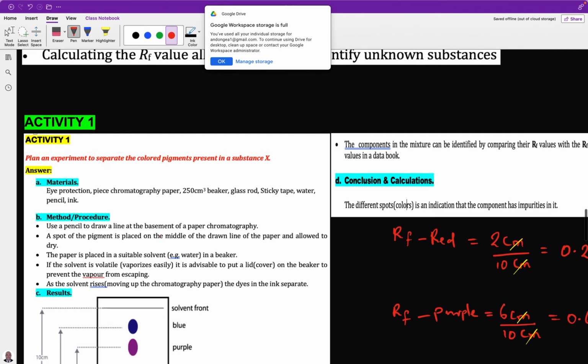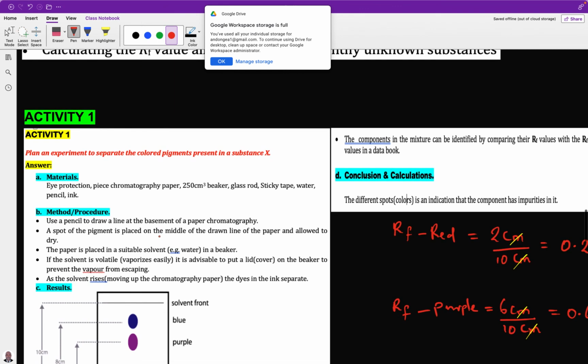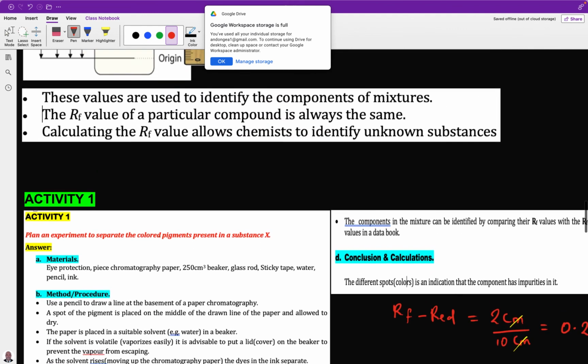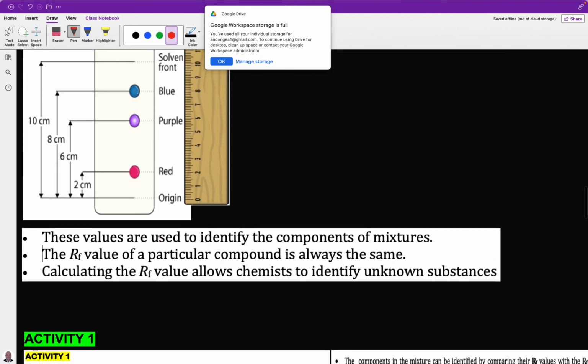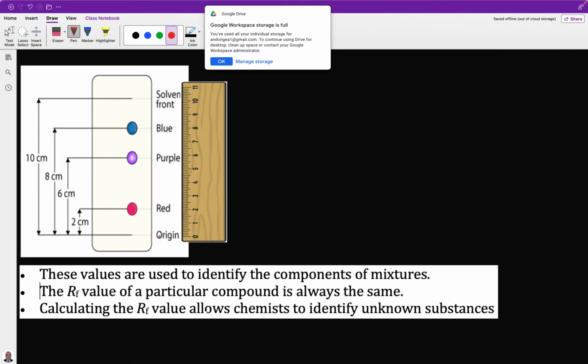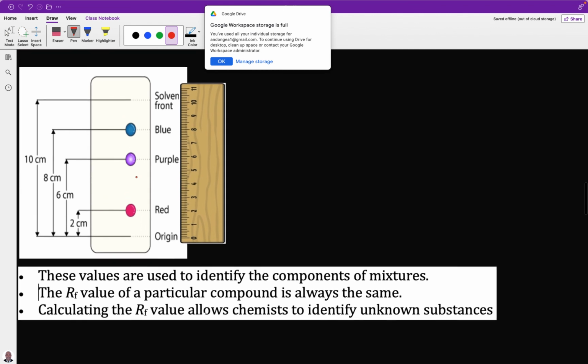You should also know how you can plan an experiment to separate pigments present in any substance you are given. You should know that the different components or impurities present in the mixture are identified by their RF value, and this is through the distance that they have traveled up the chromatography paper.